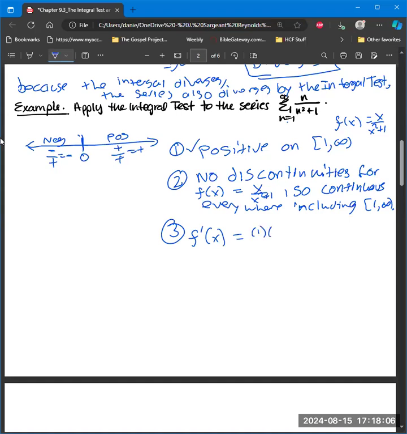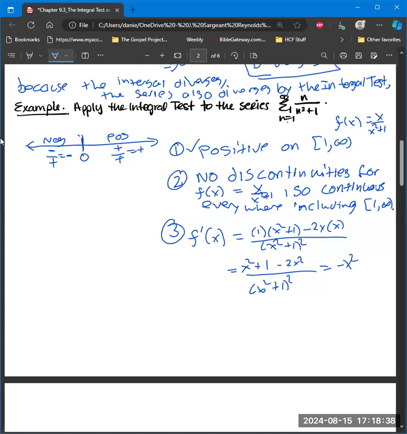equal to derivative of the top times the bottom minus derivative of the bottom times the top, all over the bottom squared, is equal to x squared plus 1 minus 2x squared over x squared plus 1 squared.